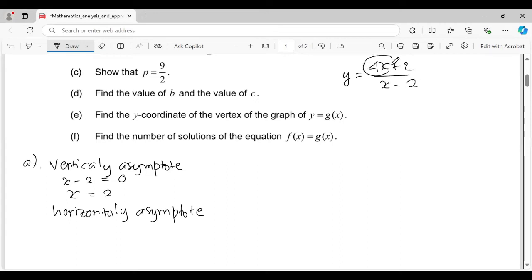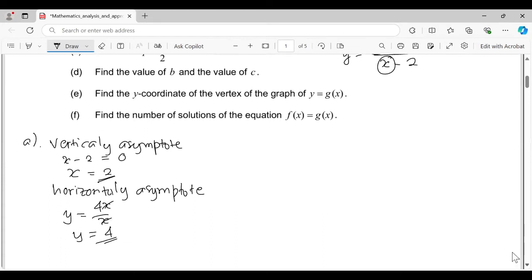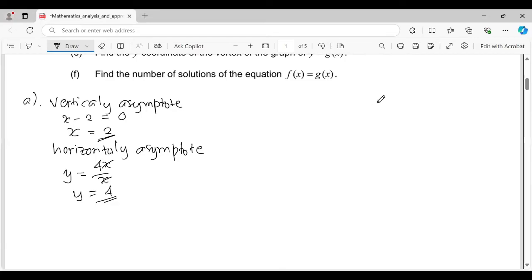So comparing between 4x and x, y equals 4x over x. It means y equals 4. This is the equation for the horizontal asymptote. This is the vertical asymptote, and this is the horizontal asymptote. Okay, I'm gonna sketch here.